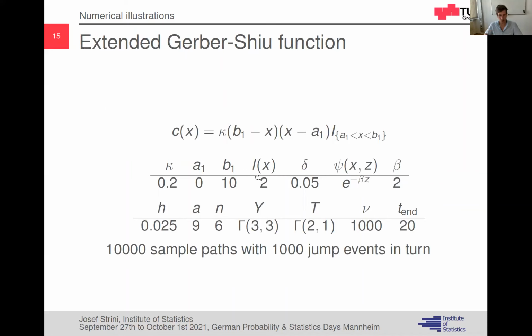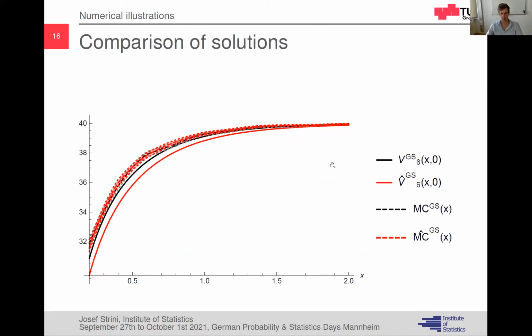And on the other hand, we have a second example where we compute an extended Gerber-Shiu function for this set of parameters, where psi is e to the minus beta times z and L is equal to 2. And we use the same state-dependent premium rate as before. And here we observe that the Monte Carlo simulation is less sensitive with respect to the estimation procedure than our solution is.